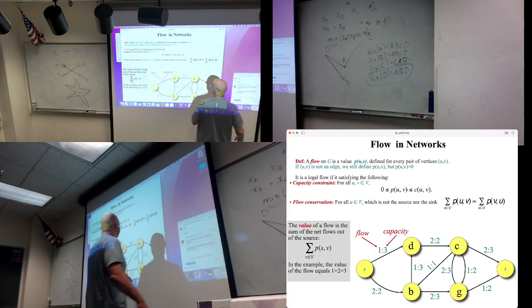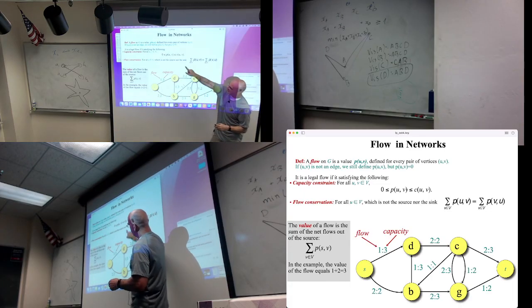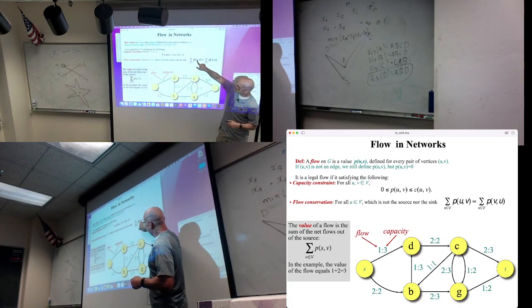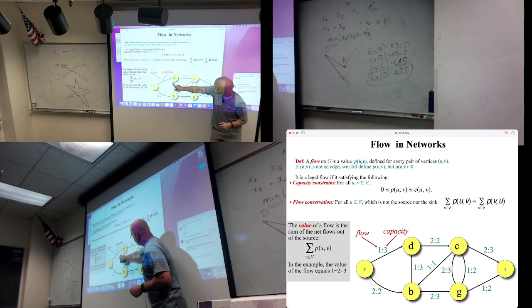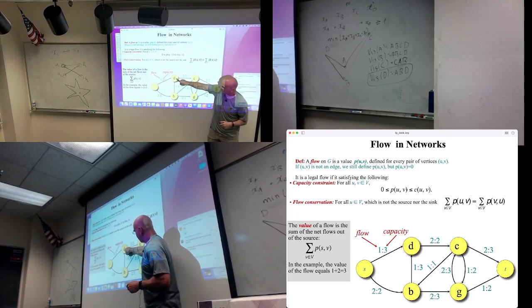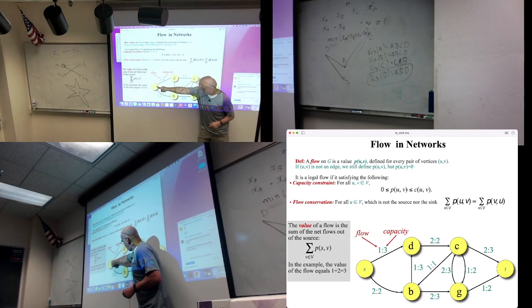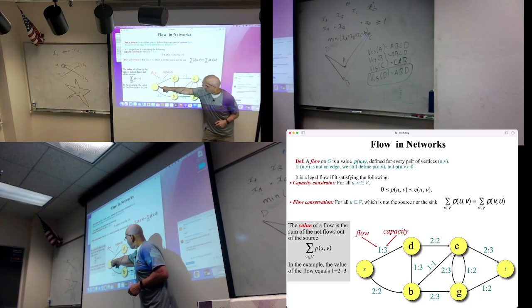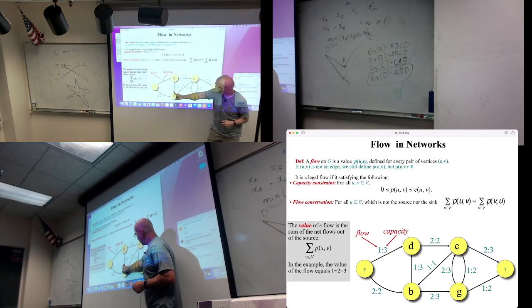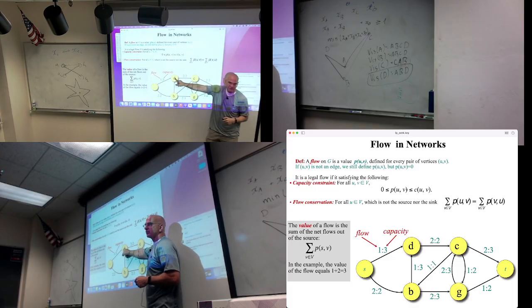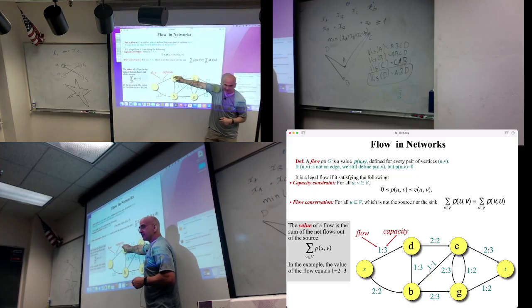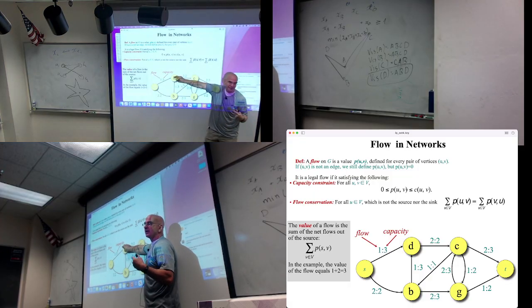But every other vertex that is not the source and the sink, the flow conservation says, look at the amount of flow that goes into D. It takes 1 gallon per second across from S directly. Another gallon comes from B, so it has 2 gallons, meaning that in every second it needs to get rid of exactly these 2 gallons.